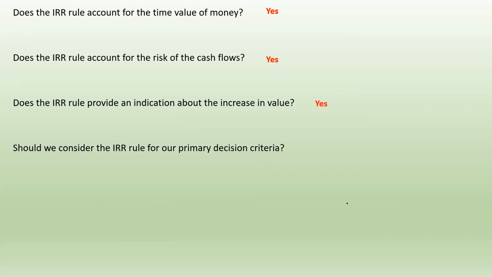Yes. If the IRR is greater than the weighted average cost of capital, there is an addition to the firm's or shareholders' wealth. Should we consider the IRR rules for our primary decision criteria? Yes. But again, if the IRR rules agree with the NPV rules, that's fine. But if the IRR rules conflict with the NPV rules, we go for the NPV rules.